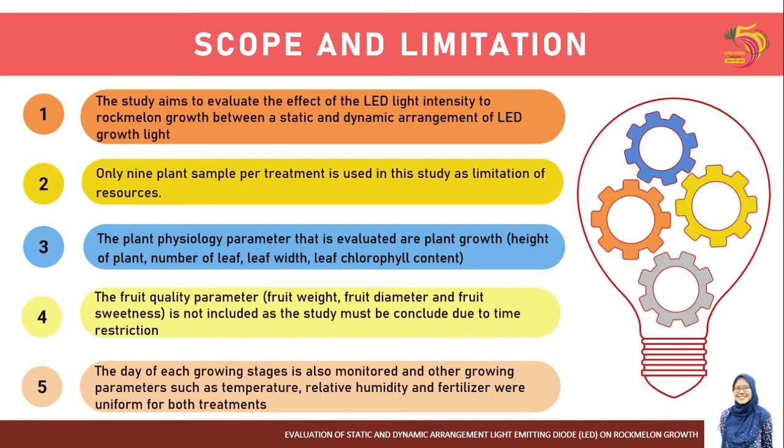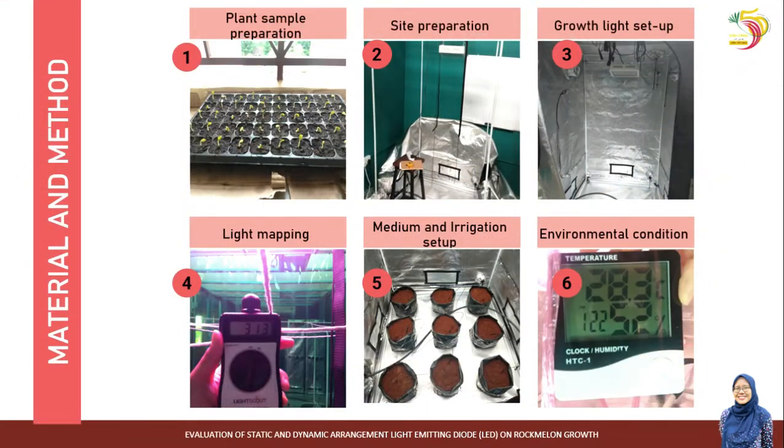However, the food quality parameter is not included as the study must be concluded due to time restriction. The depth of each growing stage is also monitored, and growing parameters such as temperature, relative humidity, and fertilizer were uniform for both treatments.